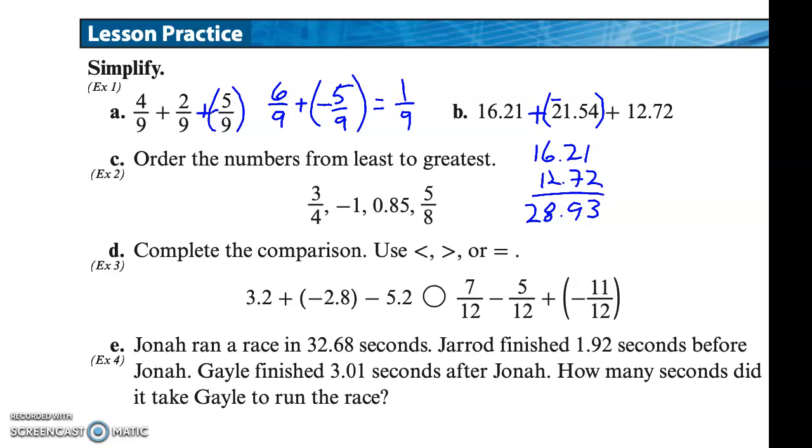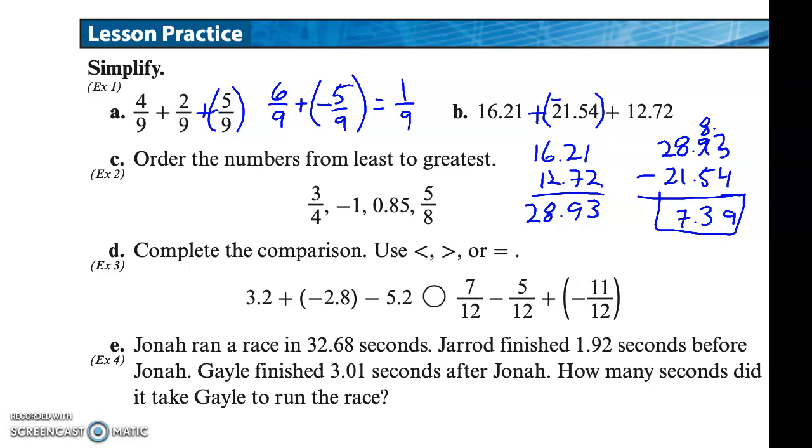And then I have negative 21.54. 28.93 is the bigger number, and it's positive, so my answer is going to be positive. So it's going to be 28.93 minus 21.54. 13 minus 4 is 9. 8 minus 5 is 3, and I have 7. That's a positive 7.3.